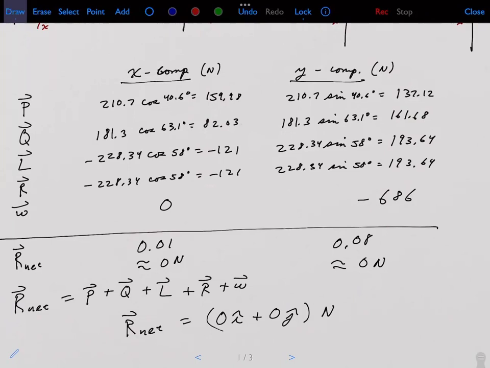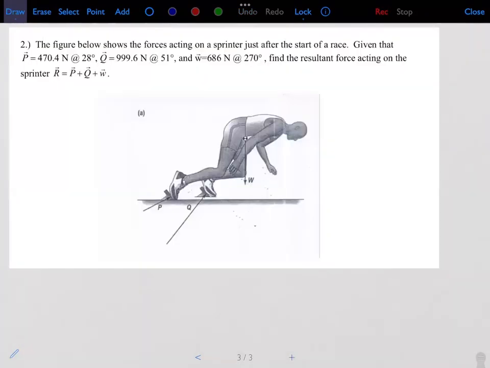Okay, the second question is right here. So now the sprinter is ready to start accelerating. No, actually, the sprinter is accelerating in this question. So in this question, they're leaving the starting blocks.